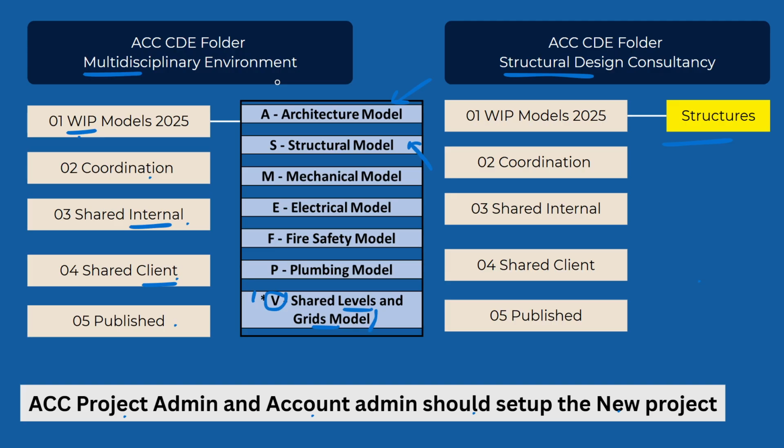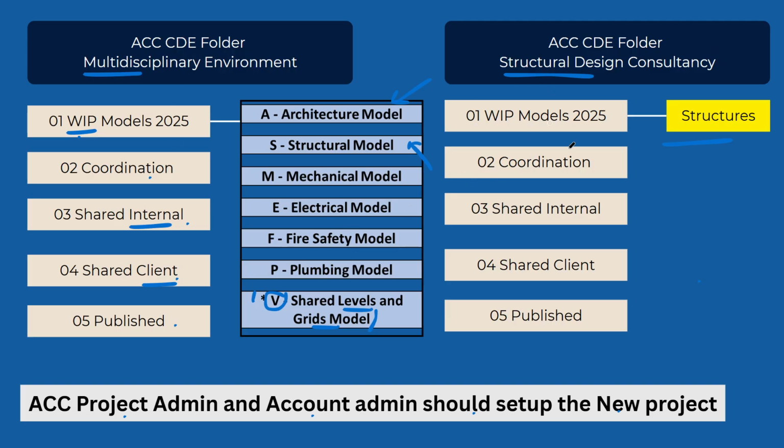Obviously people may change things while working, and there might be errors. If they change it in one model, then the collaboration between the other disciplines messes up, because you should be maintaining the same levels and grids in all the different models. You don't have to change it. People tend to change it because sometimes they want to take more control over their model. That should not happen when you work in a multidisciplinary environment.